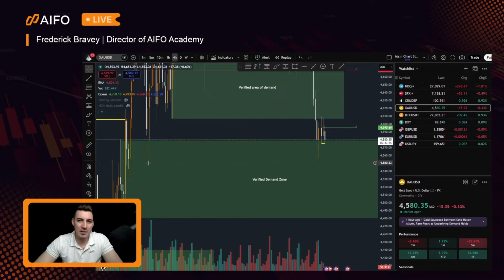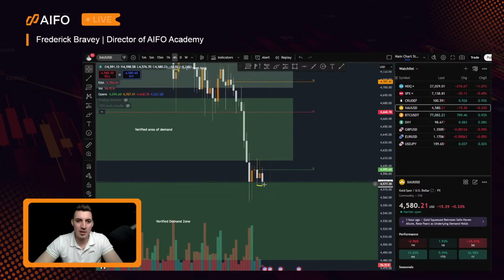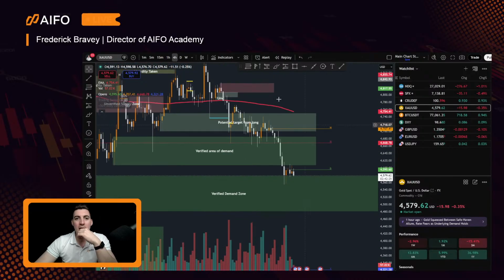I'm not convinced yet. I don't think the market knows which way it wants to go. On the lower time frames, so 4, 1, 15-minute frames, we are bearish, but on the higher time frames, we are bullish. So we've got to be a little bit careful here.